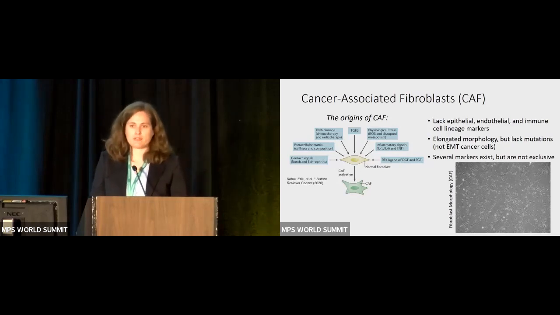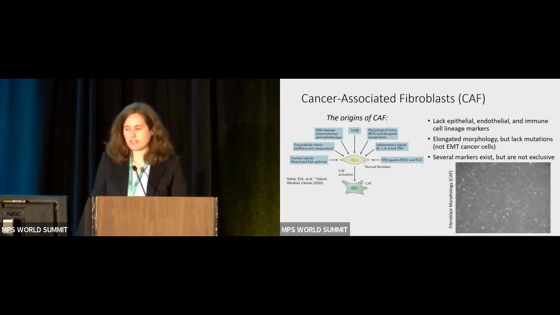So CAFs from different tissues and from different patients are heterogeneous. There's definitely a number of different CAF subsets, and they are often categorized as myofibroblastic CAFs, inflammatory CAFs, even antigen-presenting CAFs. What this means is there's not really a single CAF marker that you could pick out and identify this is definitely a CAF.